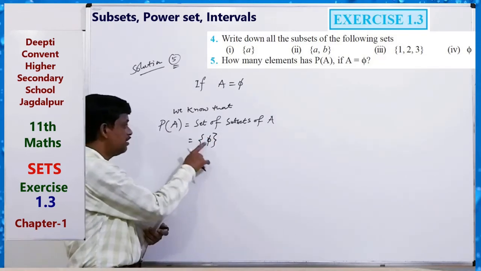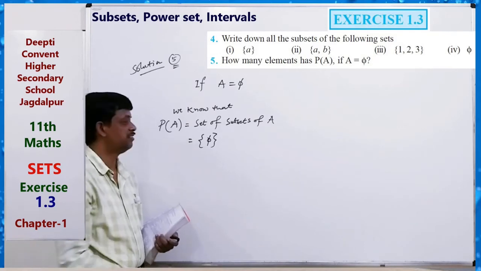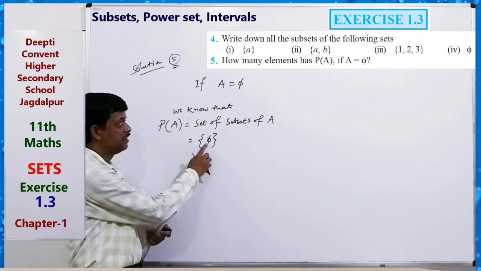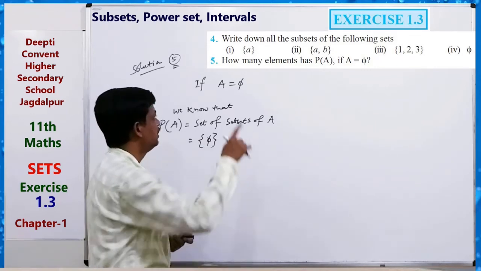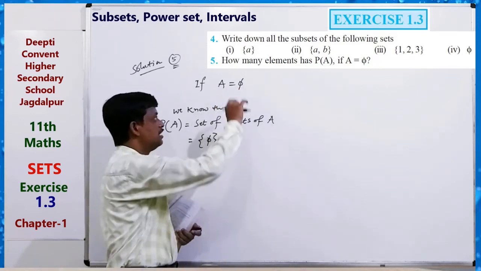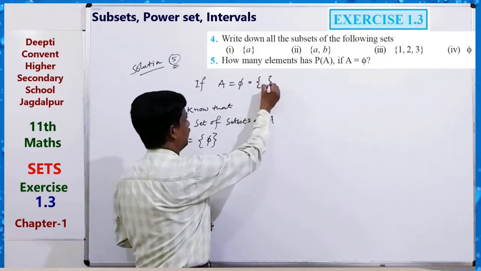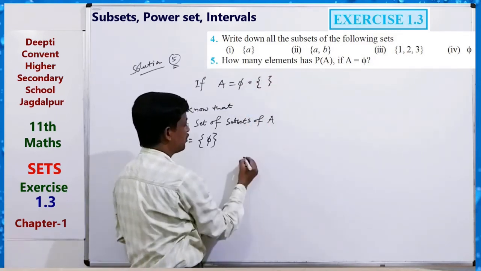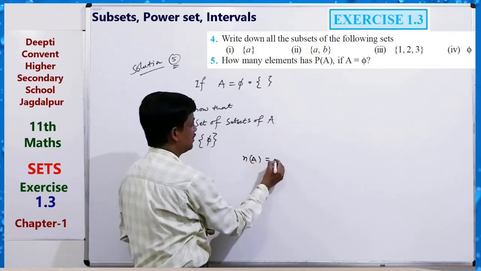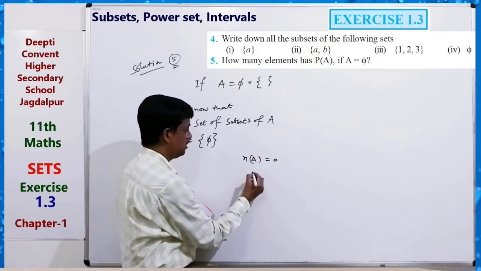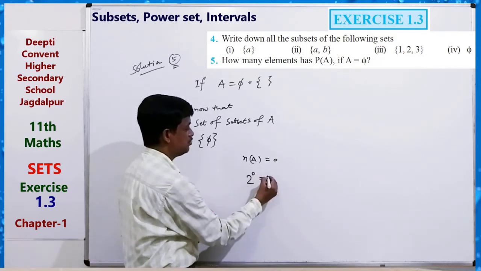And it has an element. How many elements? 1 element. Okay. Also we can see the cardinal number of A is what? 0. So the number of subsets we can find by 2 to the power 0 equals 1.